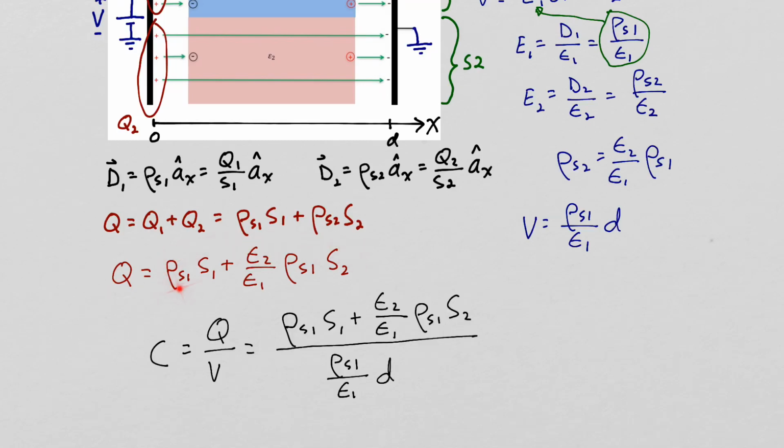So making this substitution for Q and this substitution for V, we have this expression. We can divide the numerator and denominator by rho sub S1. Multiplying numerator and denominator by epsilon sub 1, we get epsilon sub 1 S1 over D plus epsilon 2 S2 over D for the capacitance of our structure.